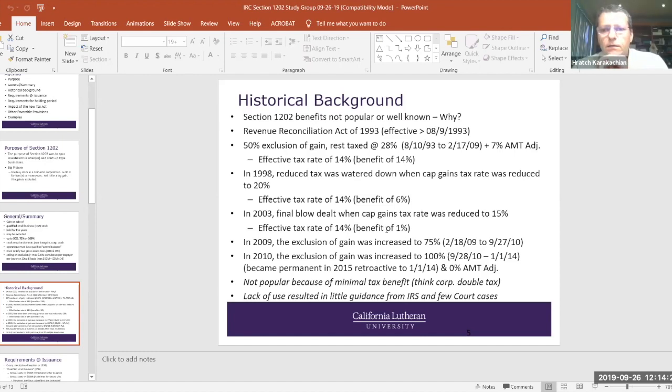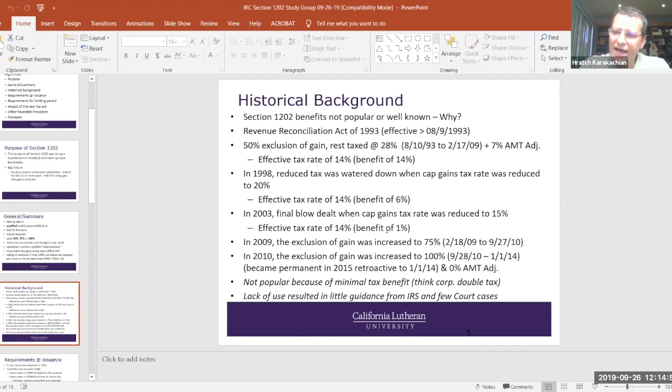California had a similar provision, but that expired in 2015. So for California purposes, there's no benefit at this point in time. So you have a full federal exclusion, but you still pay the California capital gain. Correct.